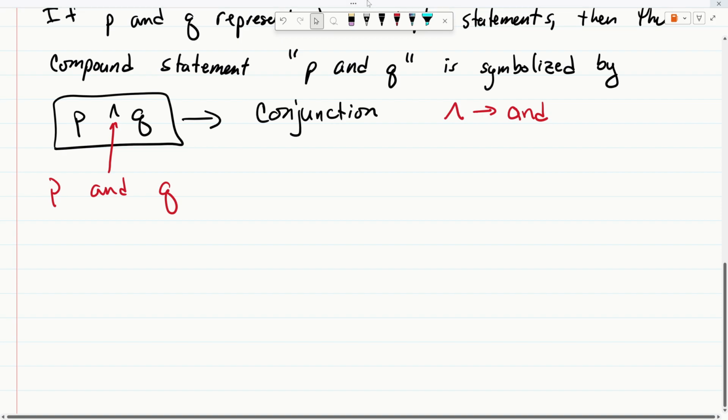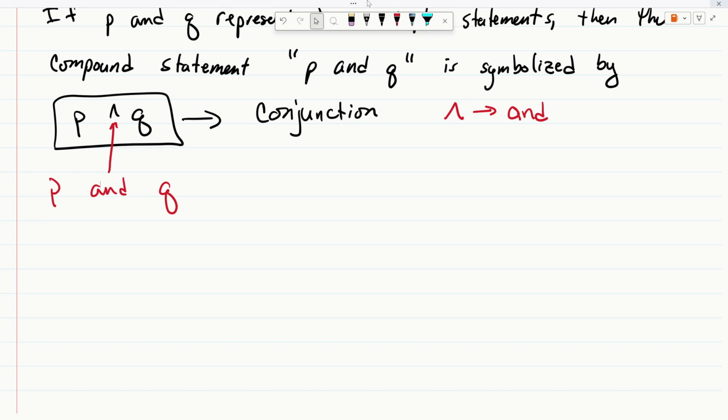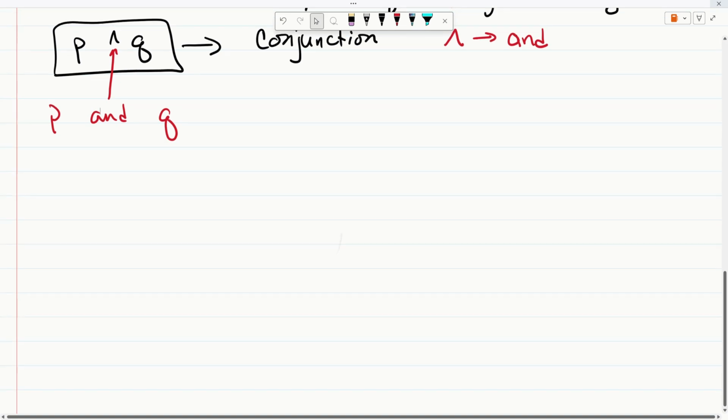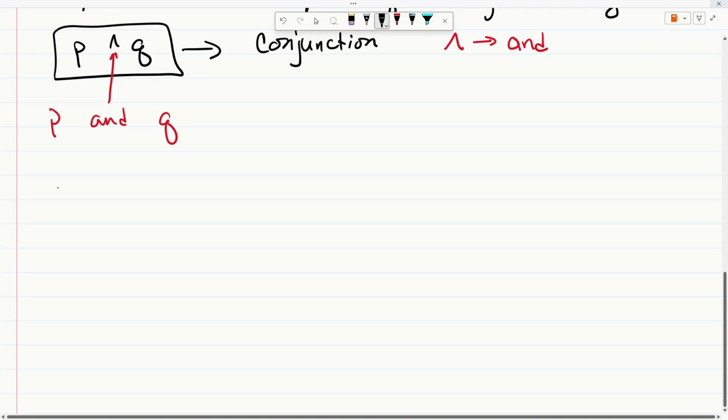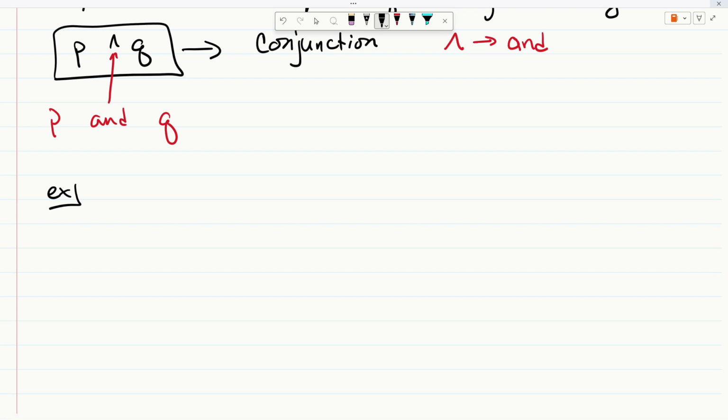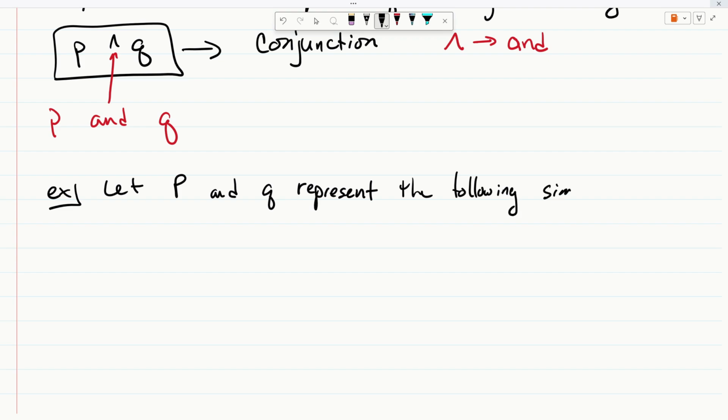All right. So if you have any questions with that, just let me know. But what we're going to do here is we're just going to translate some statements together. All right. So let me go ahead and write out some directions here. So what we're going to do is we're going to let P and Q represent the following simple statements.